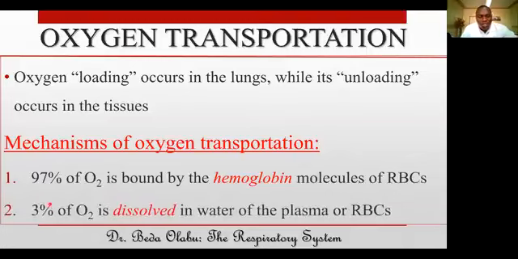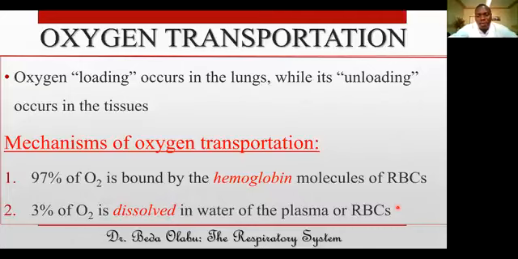However, 3% of oxygen that is in the blood is dissolved. It can be dissolved in the water within the plasma, and that is 1.5%. But it can also be dissolved within the cytoplasm of the red blood cells, and that is another 1.5%.